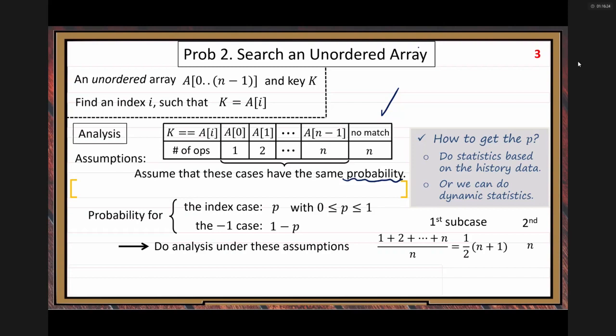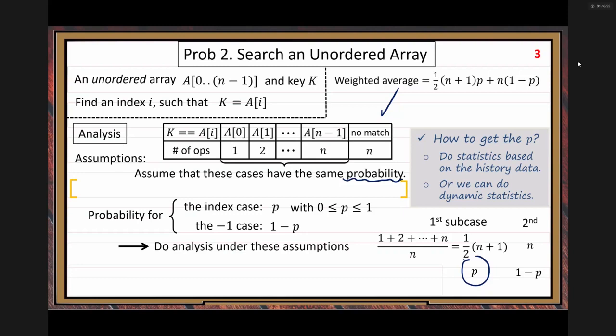Next question: how do you combine these two numbers? When we combine, we use another special average we call weighted average. So what's the weight? The weight of the first case is p. The weight of the second case is 1 minus p. Its corresponding probability, we call it its weight.